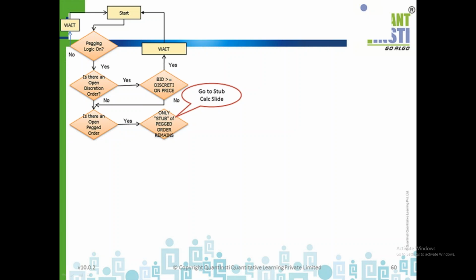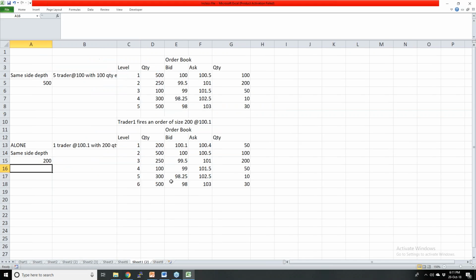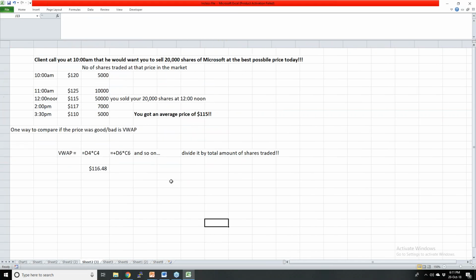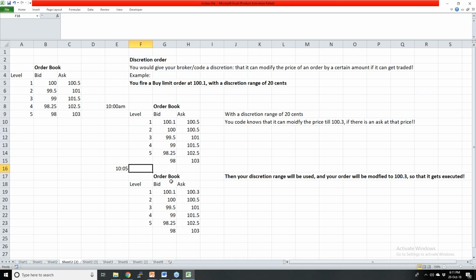How does the logic of the spread greater than discretion price work? So say for example, where was my discretion orders? So say this was the case, right? So it will check. Here the spread was 0.4, right? My discretion is 20 cents.